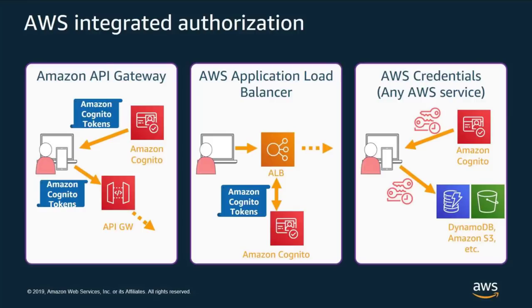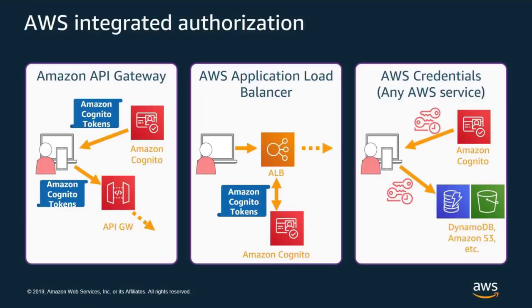So I highlighted the API Gateway one a second ago, where we simply take the Cognito tokens issued by the user pool, and we can actually use those to authenticate and authorize the user to a backend API, right? And we'll see how that works in even further detail in the demo.